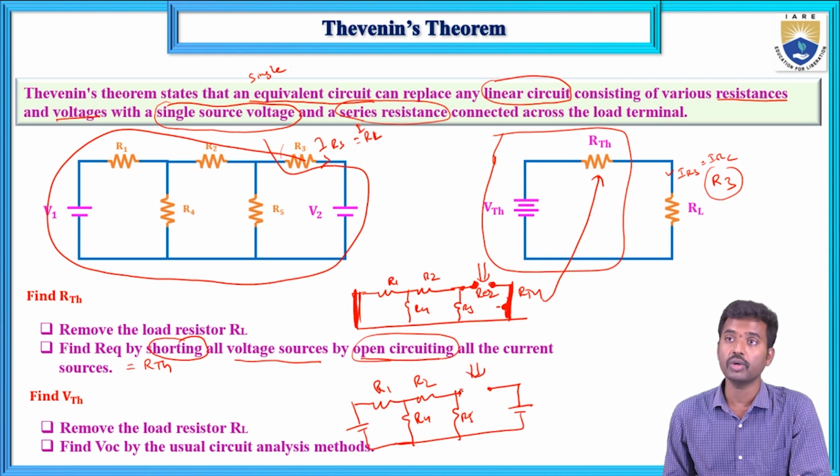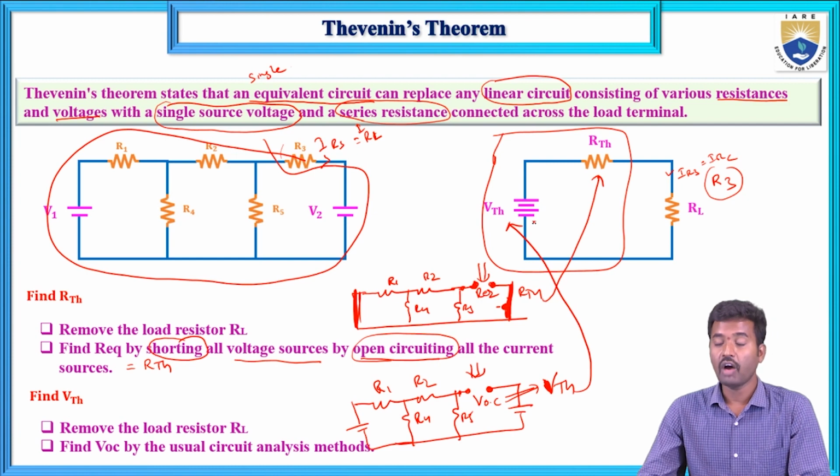If you remove the load resistance, there is an open circuit, and you calculate that open circuit voltage. The open circuit voltage is known as VTH. After getting VTH and RTH, we can calculate the load resistance current.